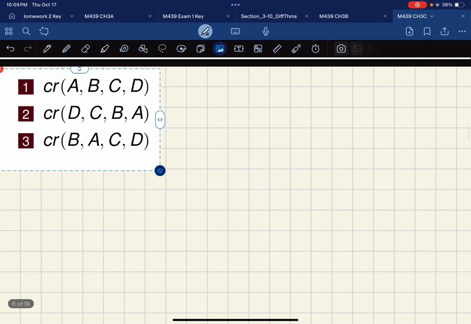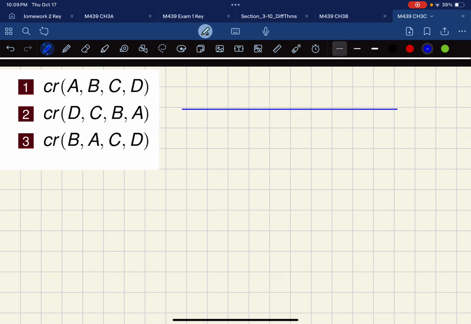Okay, so we've got 4 equally spaced points. The picture could look something like this: A, B, C, and D, 4 equally spaced points that are all collinear.